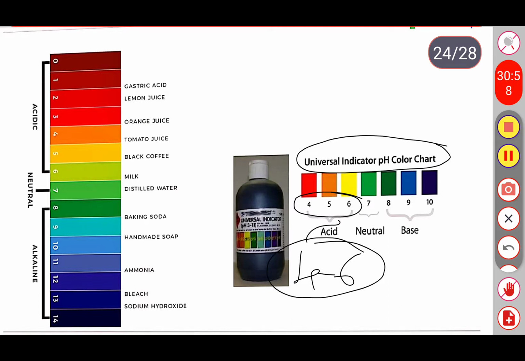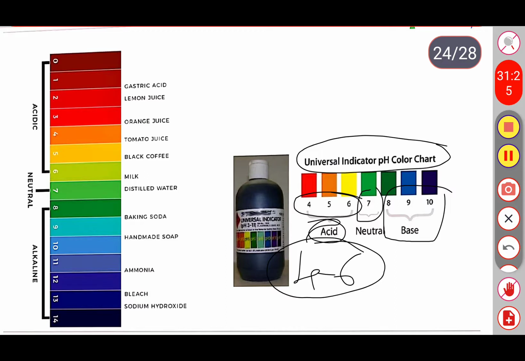Next one, from 8 to 10, the substances which have a pH range between 8 to 10, all those substances belong to alkalis or bases. If any substance has exactly 7 as its pH value, then that is neutral in nature.